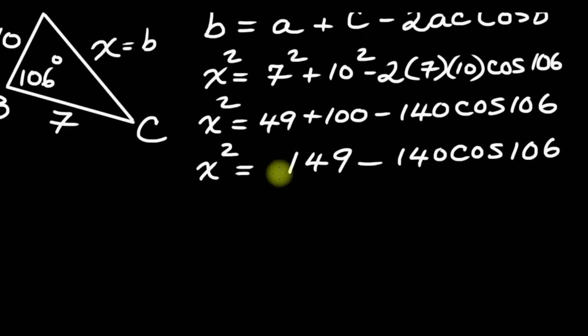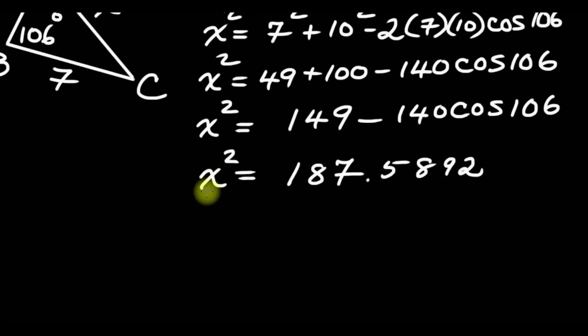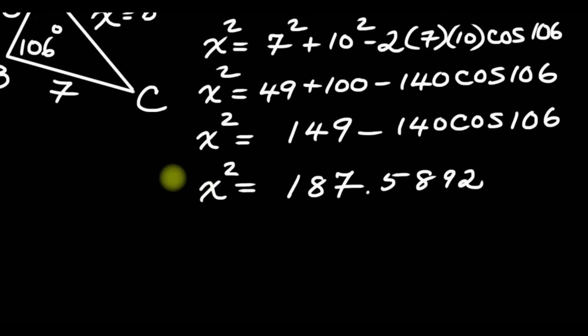Now you just have to input this into the calculator. So x squared is, when you punch in 149 take away 140 times cosine of 106, that is going to give us 187.5892. To go from x squared to x, you have to take the square root of it.